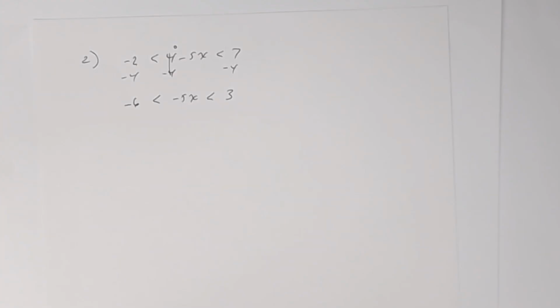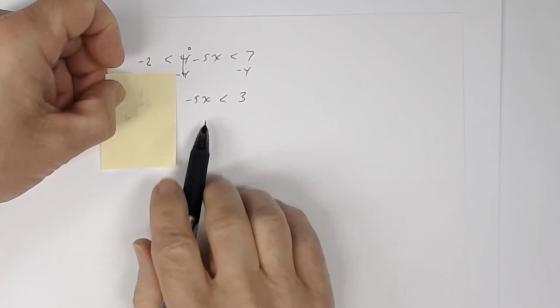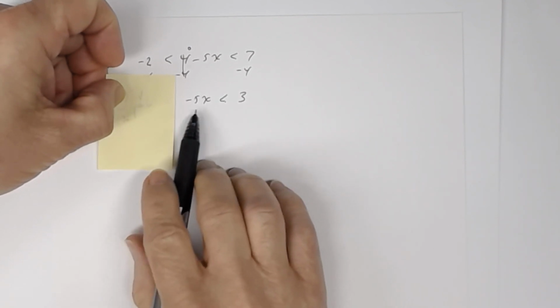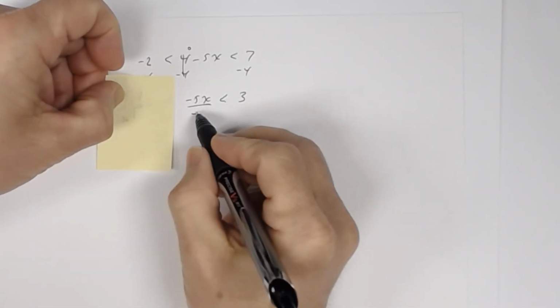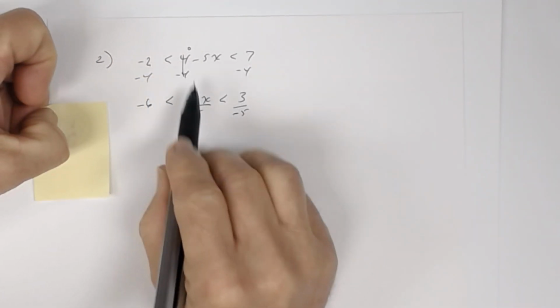Now if I cover this up and ask how I can get the variable x by itself, right now I'm multiplying by -5, and the opposite is to divide by -5. So I'm going to divide all parts by -5, since this is a compound inequality.